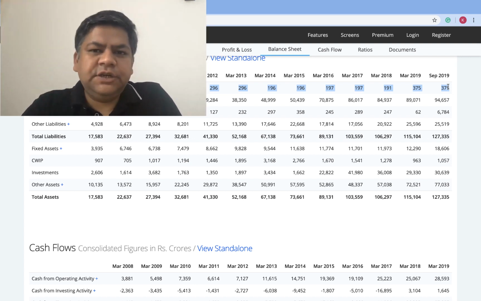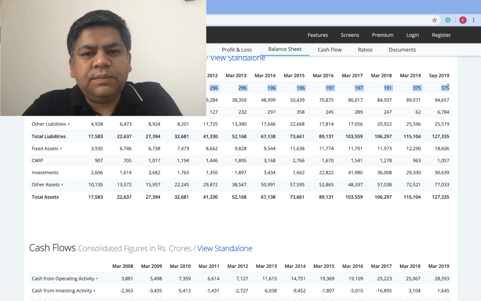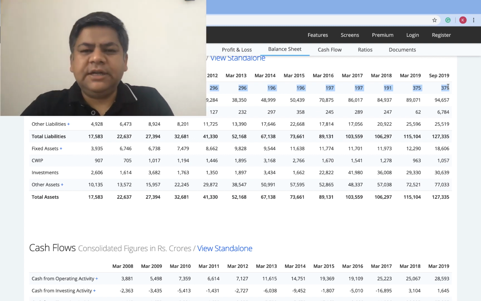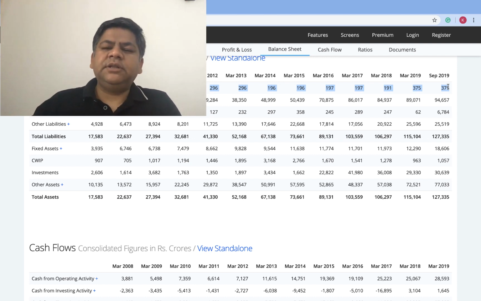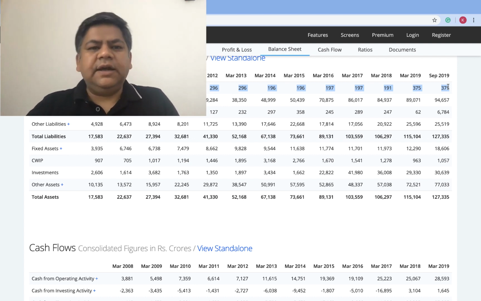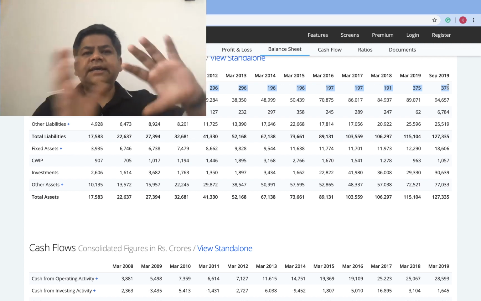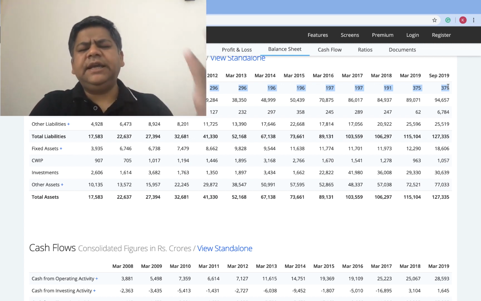When that is not achieved, obviously the company will not grow, and it will become like a fixed instrument like an FD, where every year the company makes 10% profit and distributes it among the shareholders. And after some point of time, all the assets which they have created may decay.